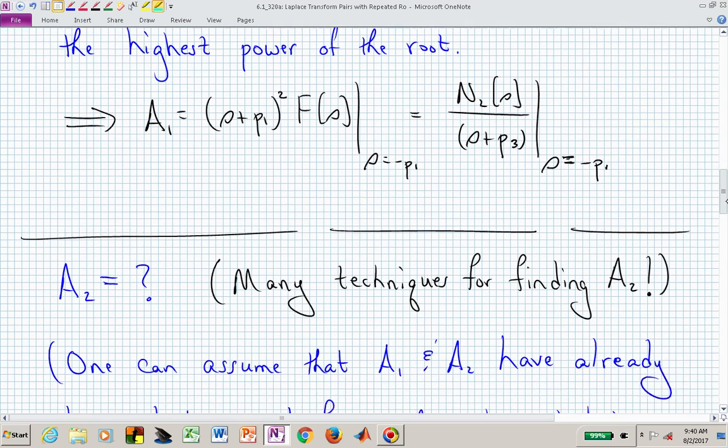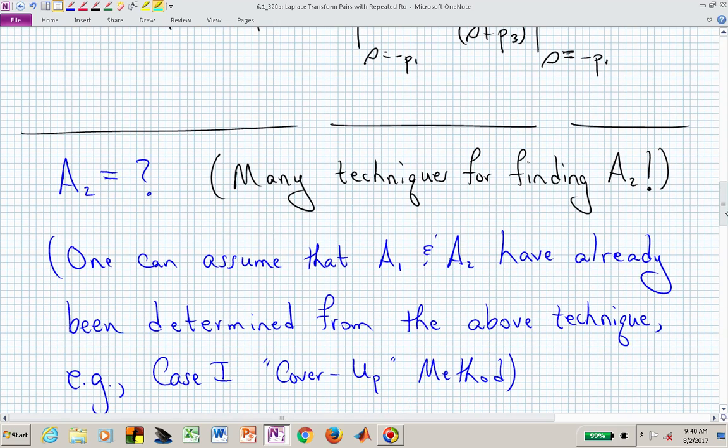The cover-up method doesn't work, but there are many techniques that can be used, and we'll talk about those in the next video. But for now, let's just talk about the structure that we will see when we're trying to find a sub 2.